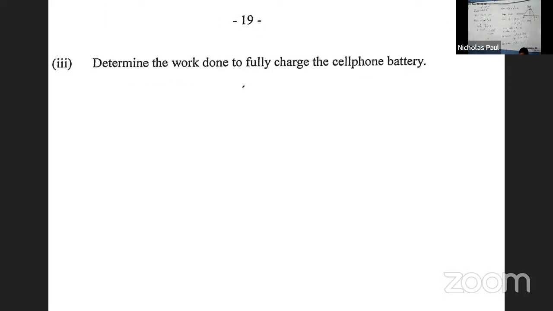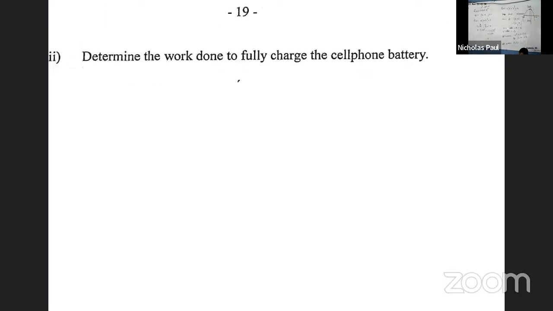Next, determine the work done. Determine the work done. What are you going to use? The work done to fully charge it. Huh? QV, work is Q times V. Q was what? 9600.